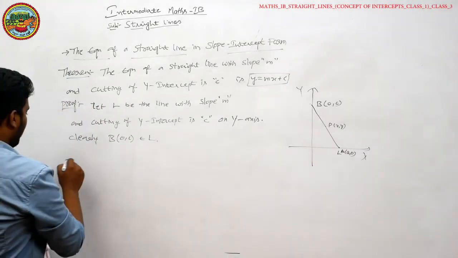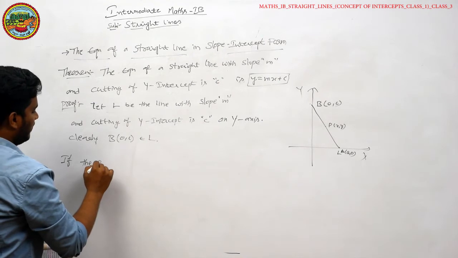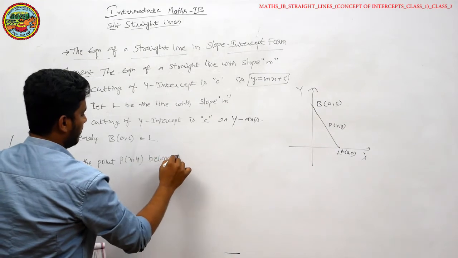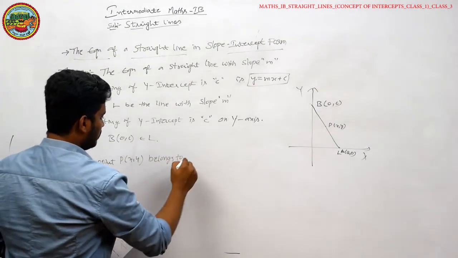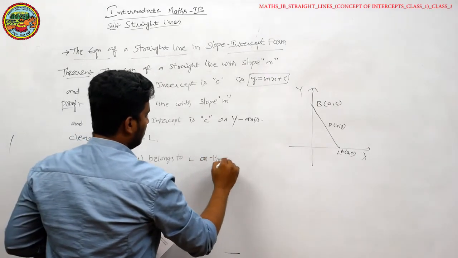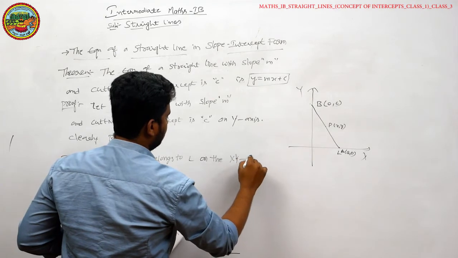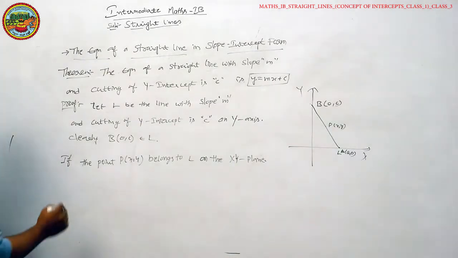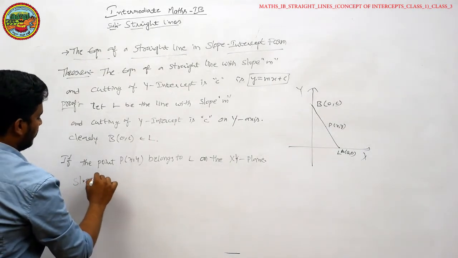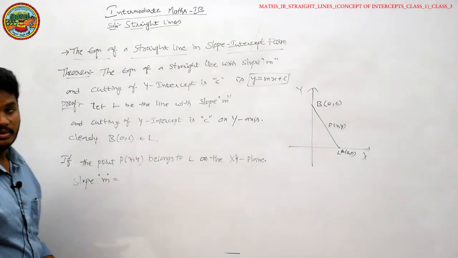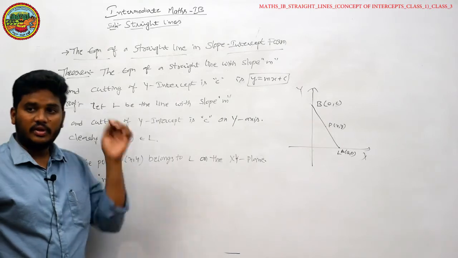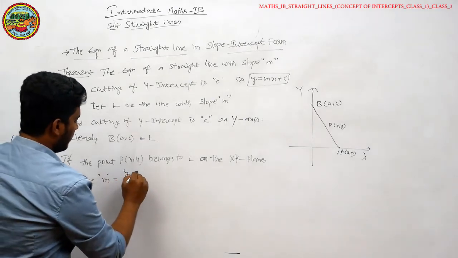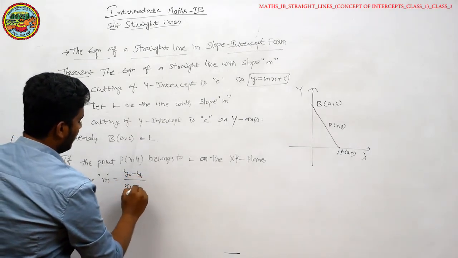So if the point P of x comma y belongs to L on the xy plane, the slope m is given by, as we have previously discussed in the slope point form, y2 minus y1 by x2 minus x1.